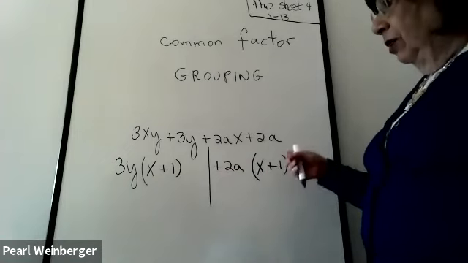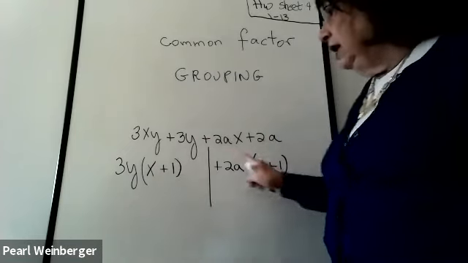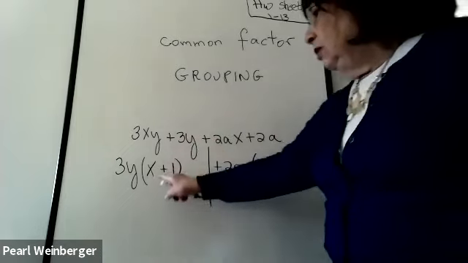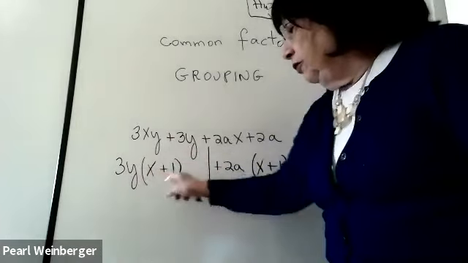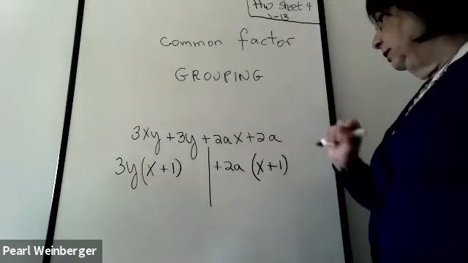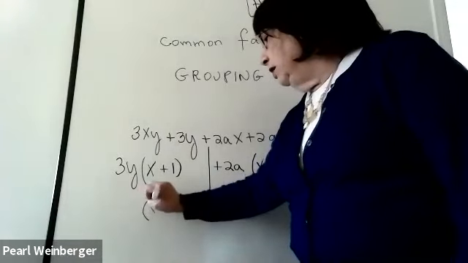And now, in the 2 groups, I see that x plus 1 is a common binomial factor. In the first group, x plus 1 is a factor. In the second group, x plus 1 is a factor. So I could put that x plus 1 in the front.